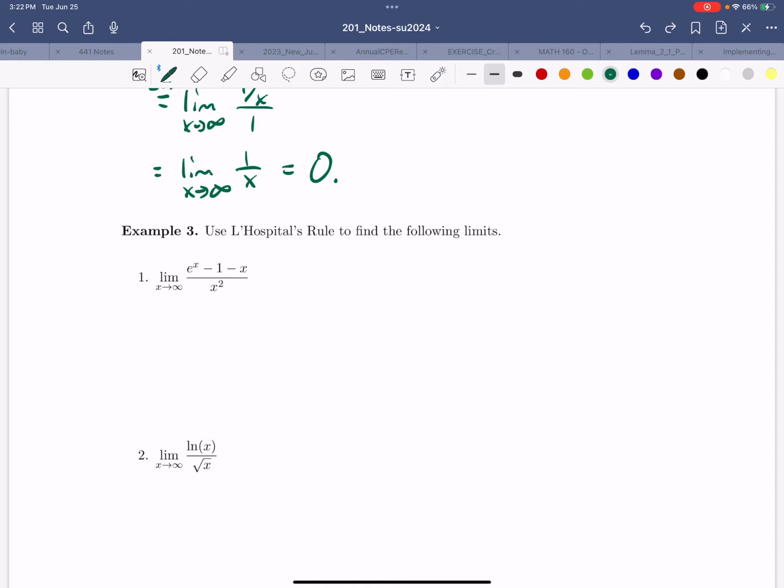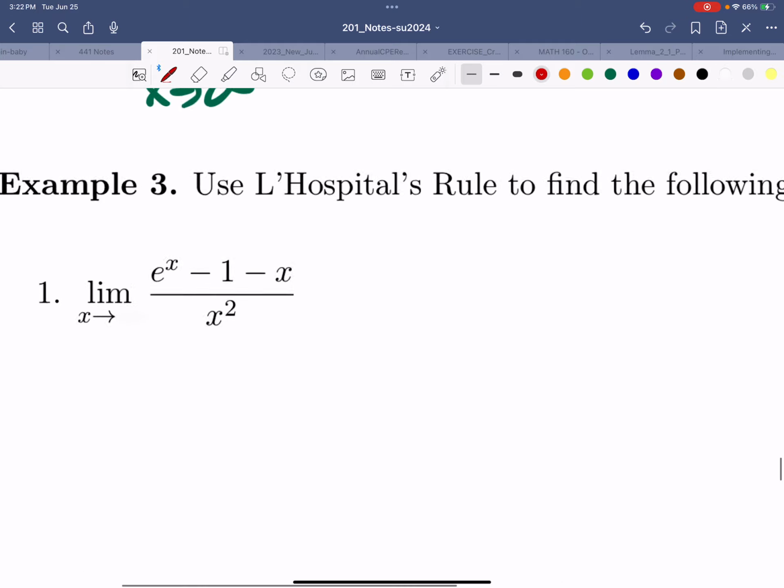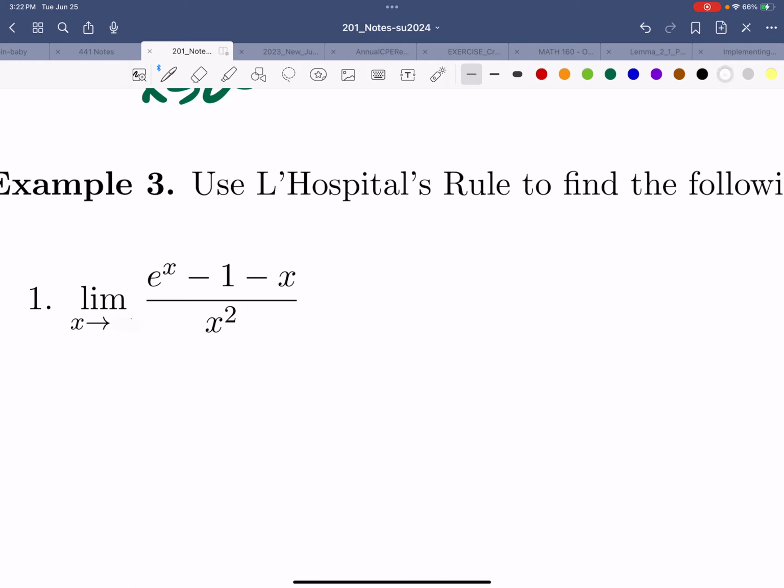I wanted to change this to 0. Do not make it infinity. I mean, you could make it infinity. It's still an interesting problem, but I think it's a less interesting problem. I want to make this 0.